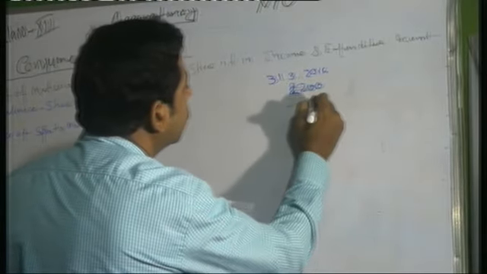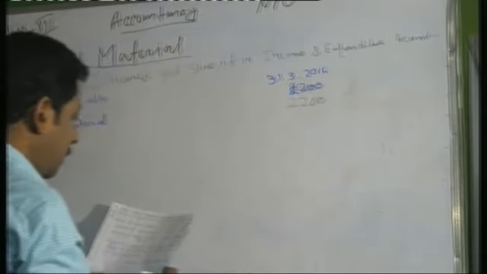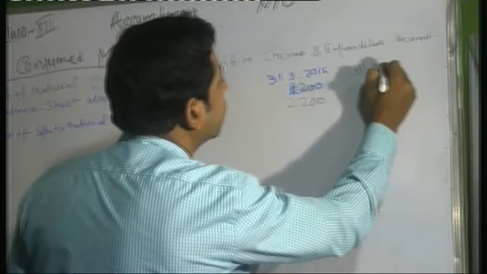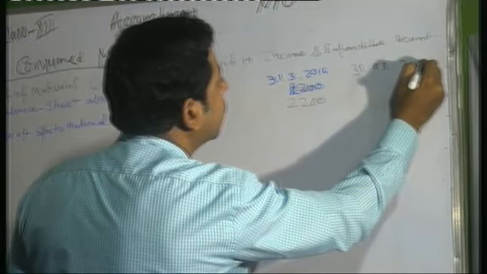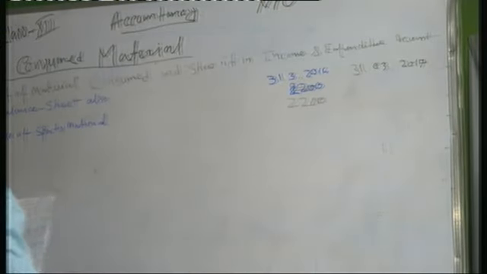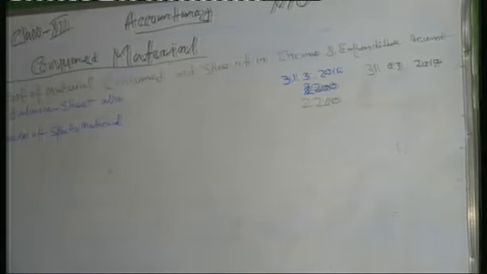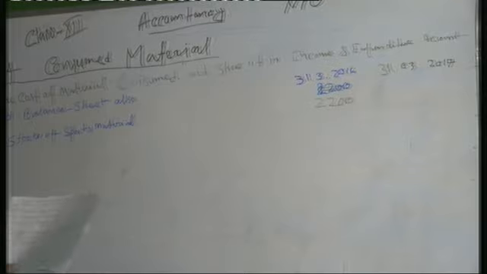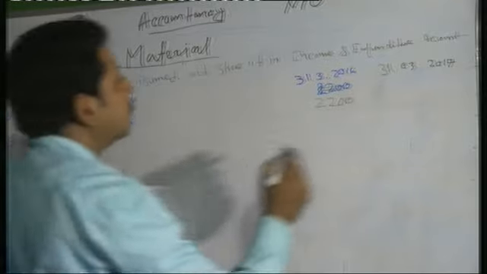It is 2,200 and 31st March 2017, because we have to prepare the cost of material consumed in the year ended 2017.